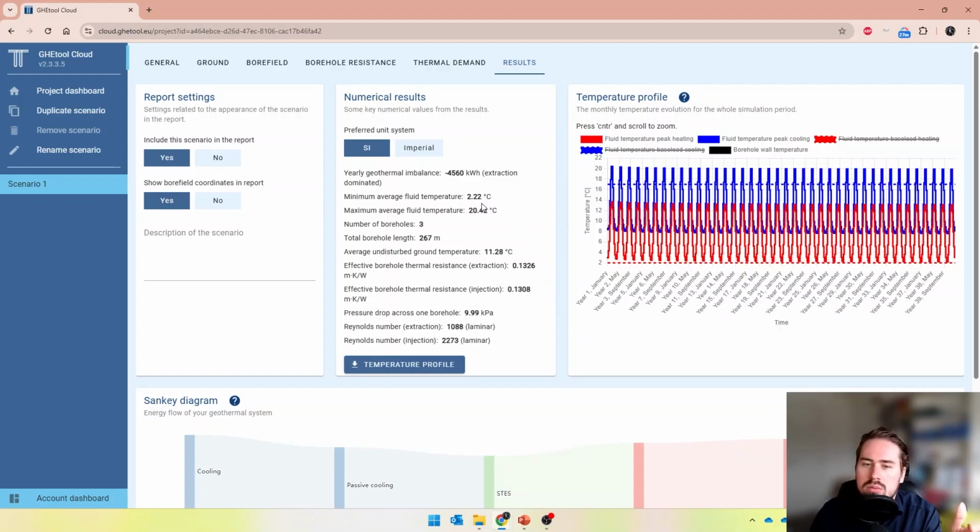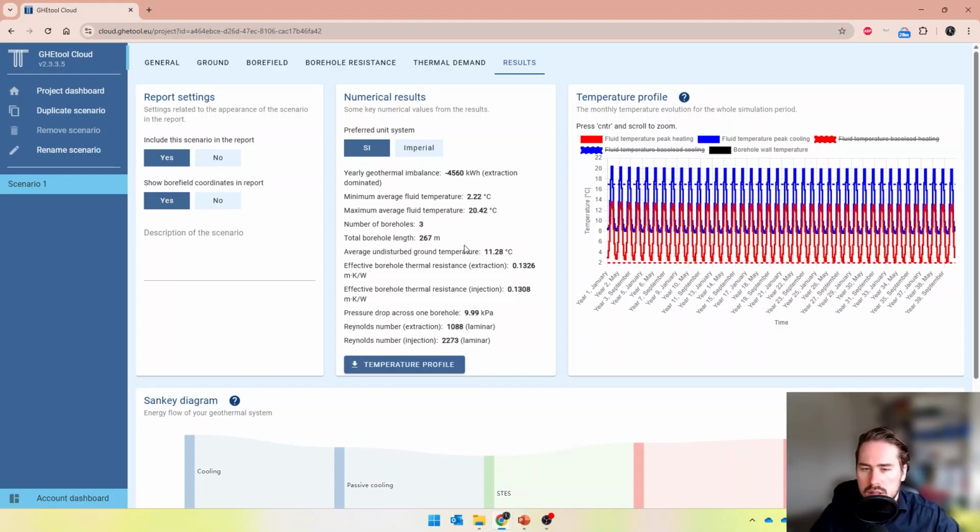We stay slightly above our threshold of 2.22 degrees Celsius, but our cooling demands cannot be met, or our summer comfort is not guaranteed, because we cross quite significantly our threshold of 17 degrees for passive cooling, which means that on warm summer days, it's not feasible with passive cooling to really cool your building or to cope with the 8.7 kilowatts of cooling demand.